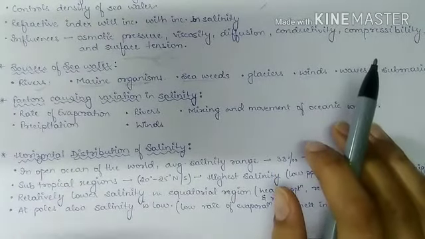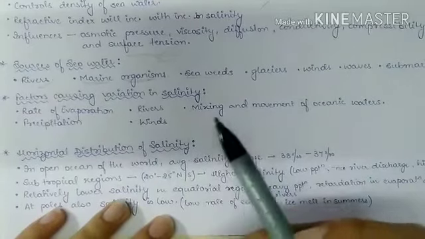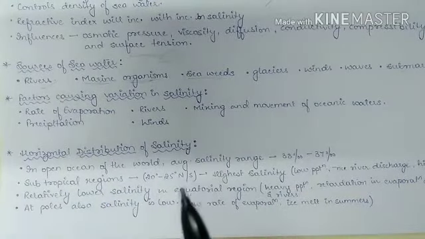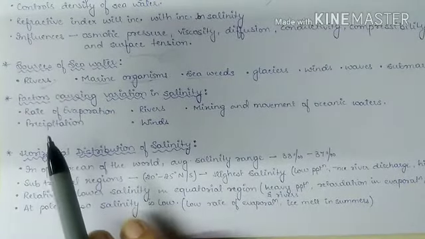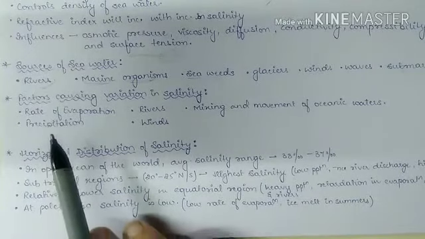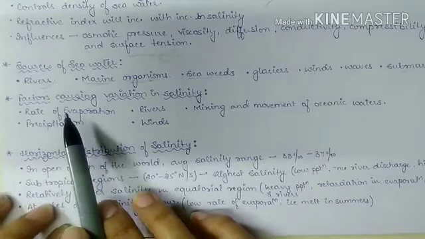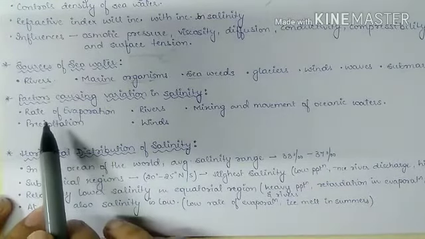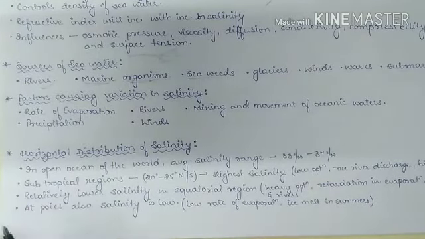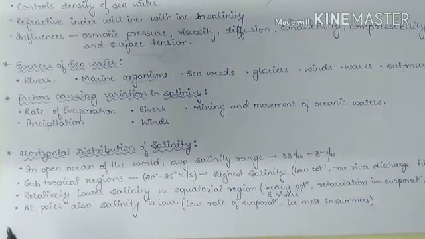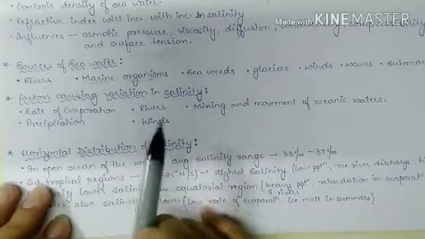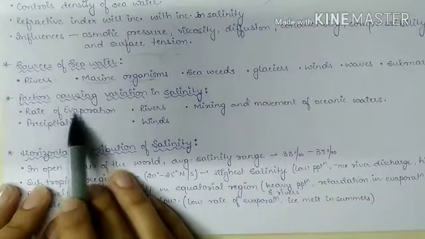Now what are the factors that cause variation in sea salinity? First is rate of evaporation. Rate of evaporation is directly related to temperature, and when there is more evaporation, that means the temperature is high, and because there is more evaporation, the salinity of the area will be more.